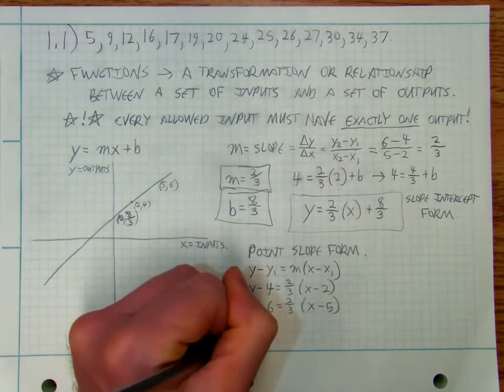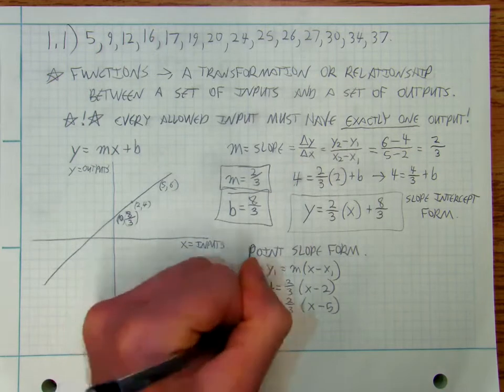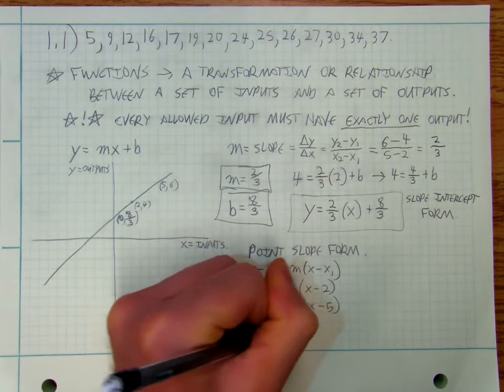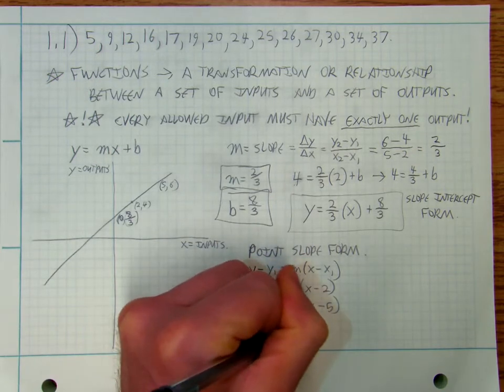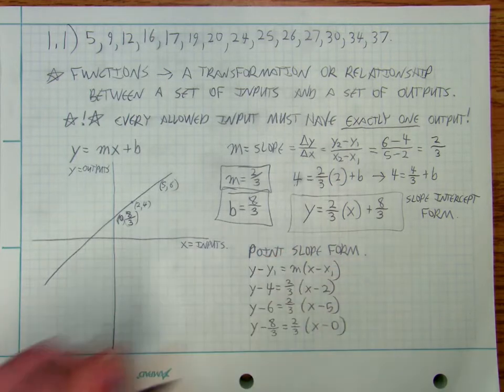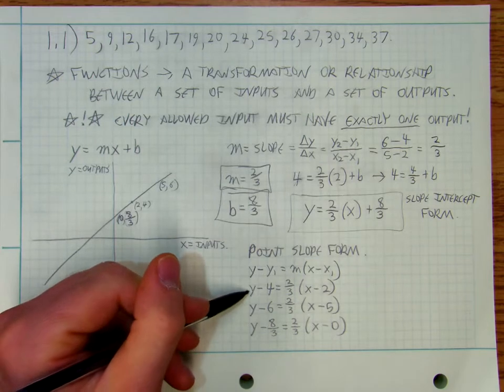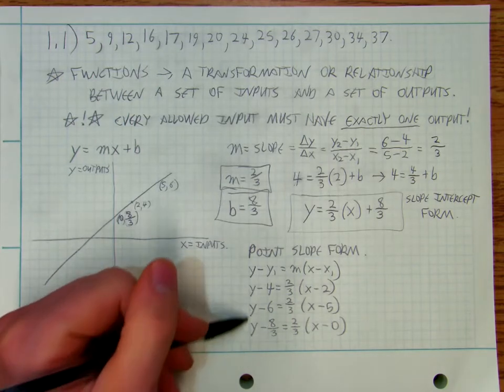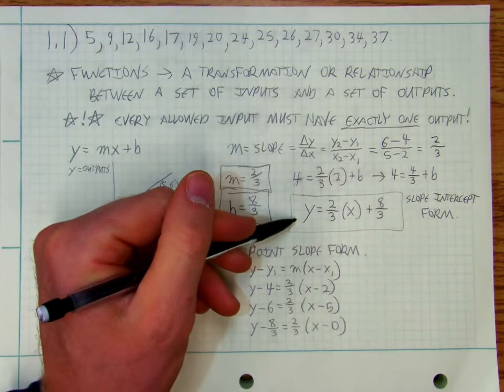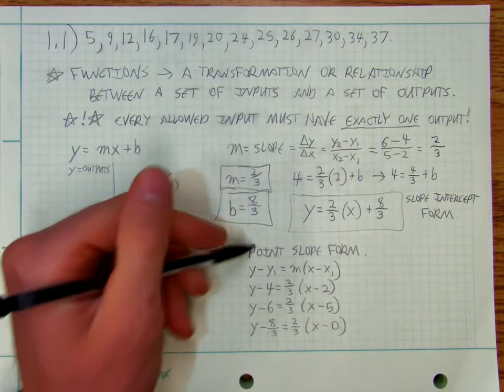Or I could have y minus 8/3 equals 2/3 times x minus 0. And you could figure out that you could transform these into each other, and you could transform them all into the slope-intercept form.